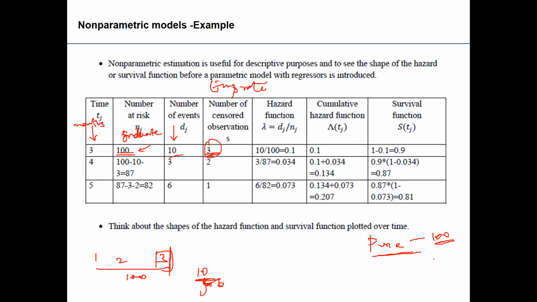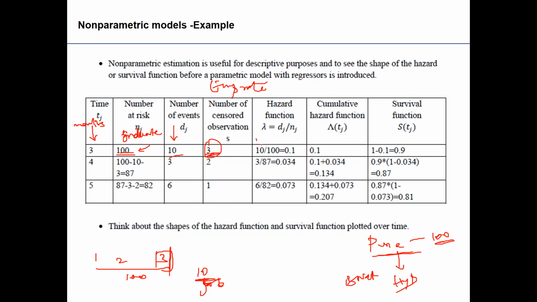They did not even reply. Maybe they have moved out of Pune to Hyderabad or Bangalore, so they did not respond. So I, as a researcher, don't have any information about these 3 people.